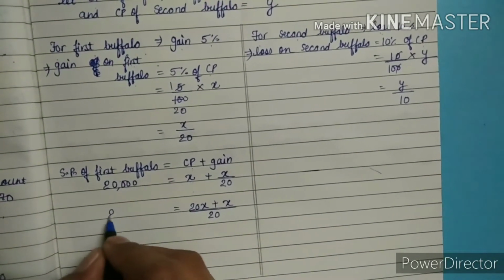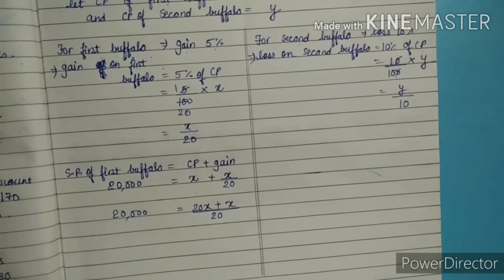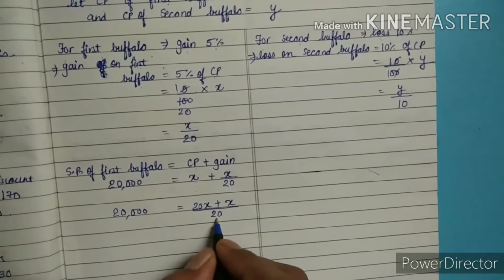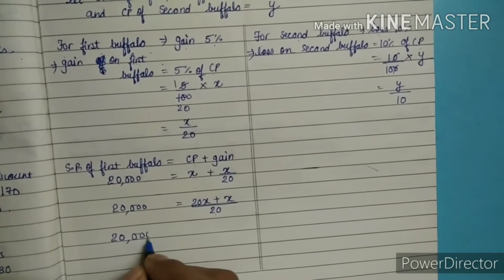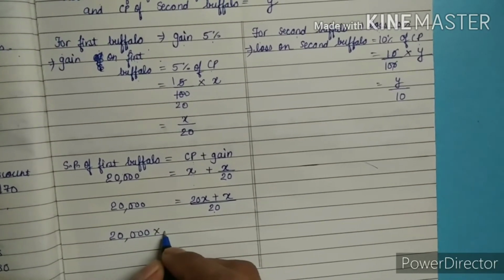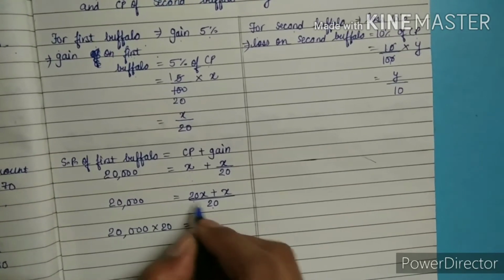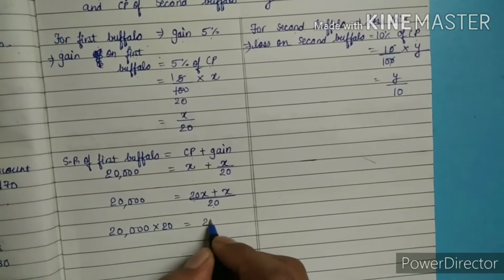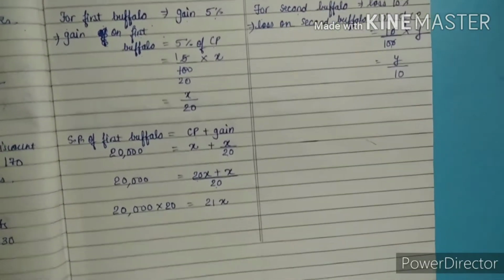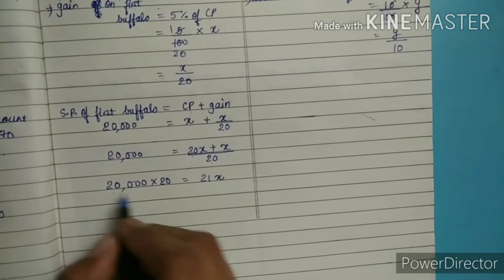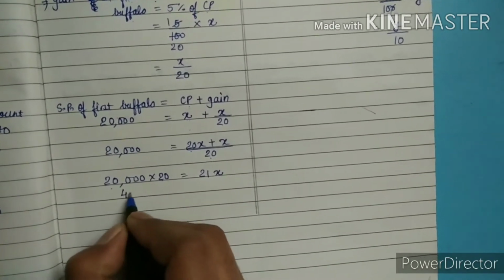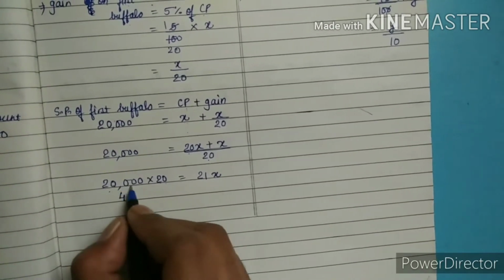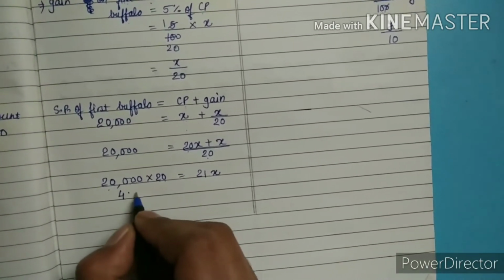What will happen here? 20,000 is continuously running here. Now the division by 20 will go to the multiplication side. So 20,000 will be multiplied by 20, and 20x plus x will give us 21x. Now 20,000 multiplied by 20 will give us 4,00,000.